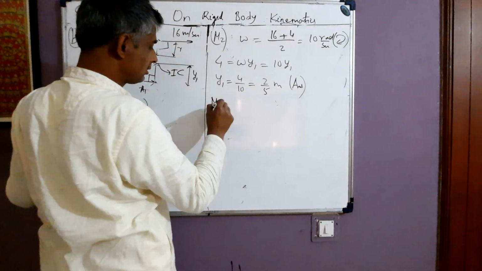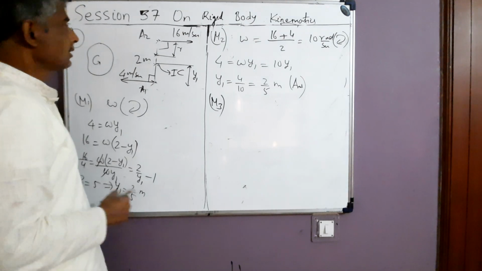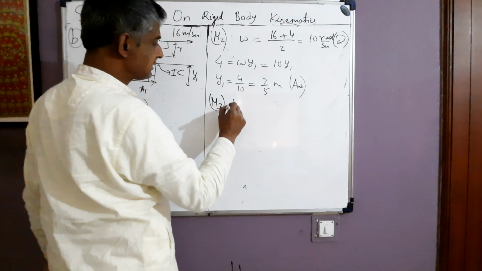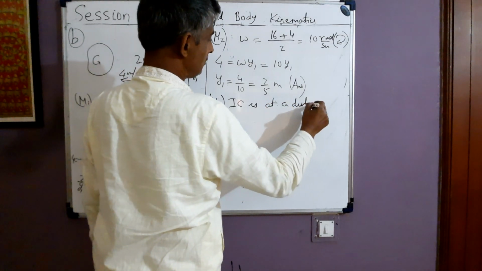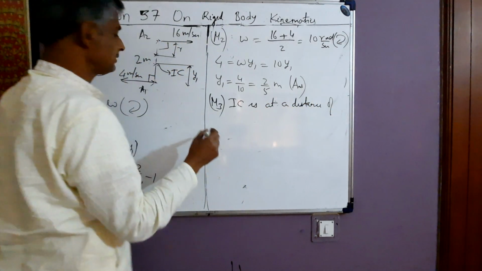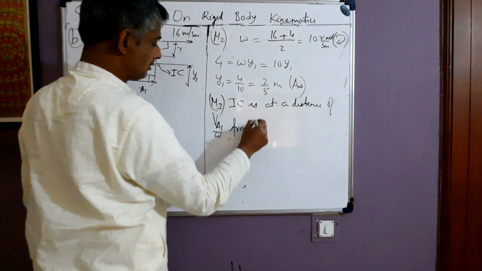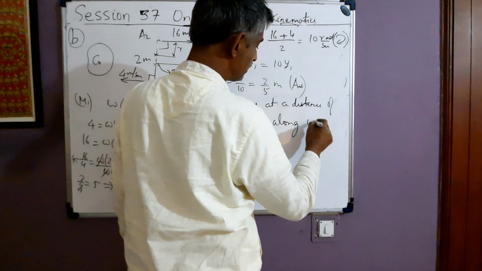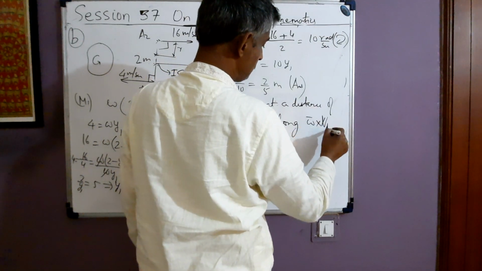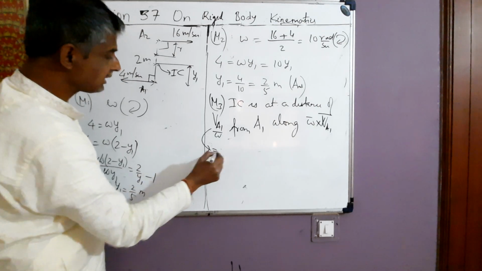Now we can solve by another method also. IC is at a distance of VA1 by omega from A1, along the direction omega cross VA1. Now what is the distance VA1 by omega?